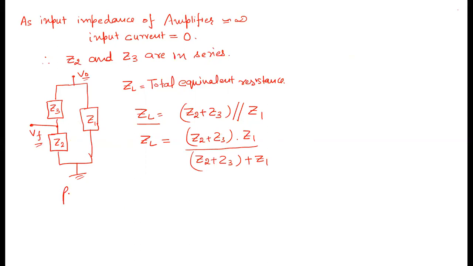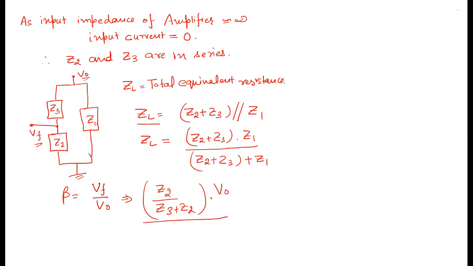Okay, so this is the total impedance of this network. Since we know that beta, which is the gain of this network, is equal to VF by V naught, where VF is the output of this network and V naught is the input of this network, we can say, by looking at this series, that VF is equal to Z2 divided by Z3 plus Z2 into V naught.